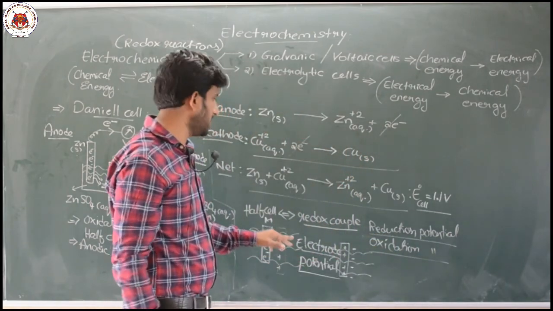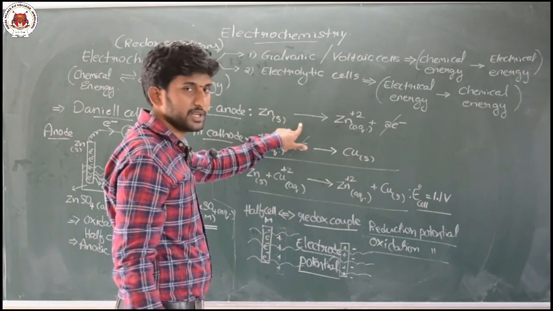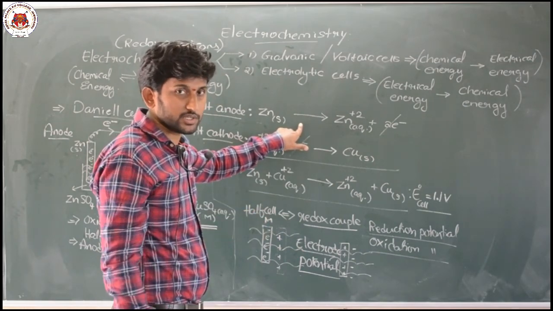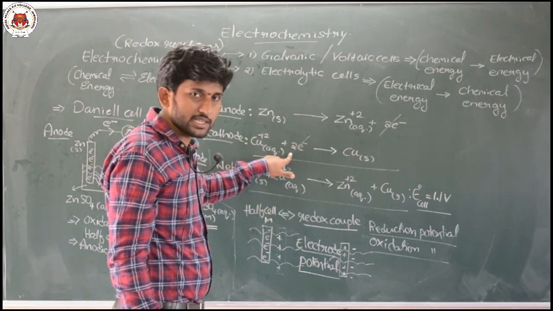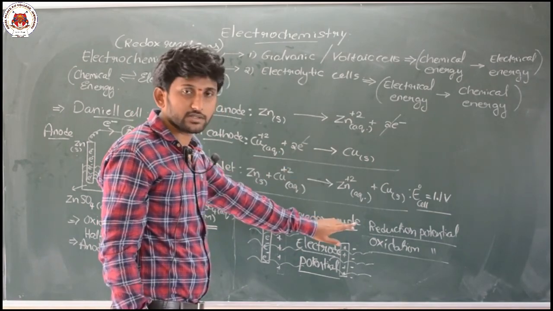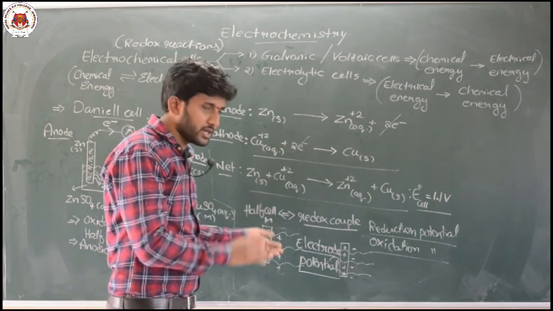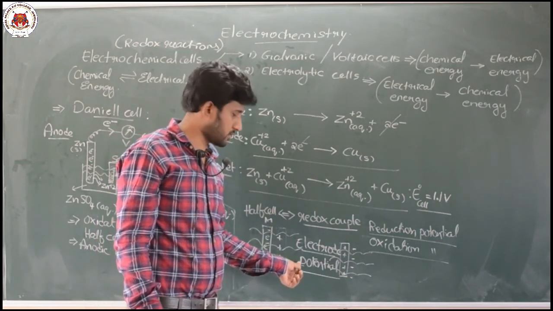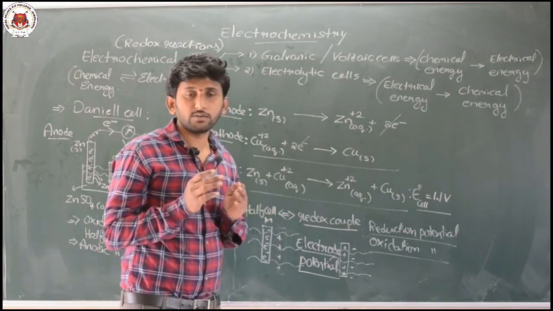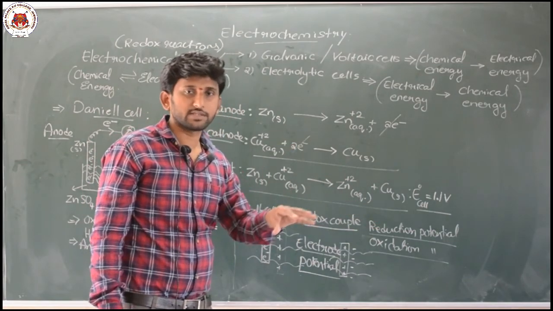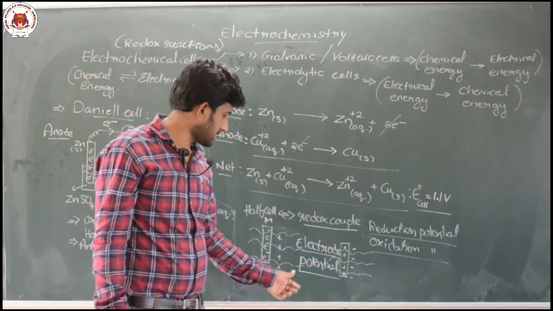That means, if oxidation is happening, then the potential generated is called oxidation potential. If a reduction reaction is happening, then the potential generated is called reduction potential. The common word you can use is electrode potential, and according to the IUPAC convention, reduction potential is always conveniently called the electrode potential.